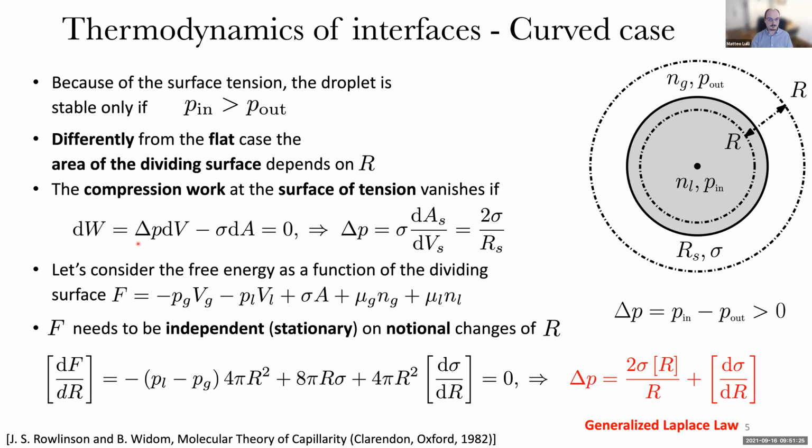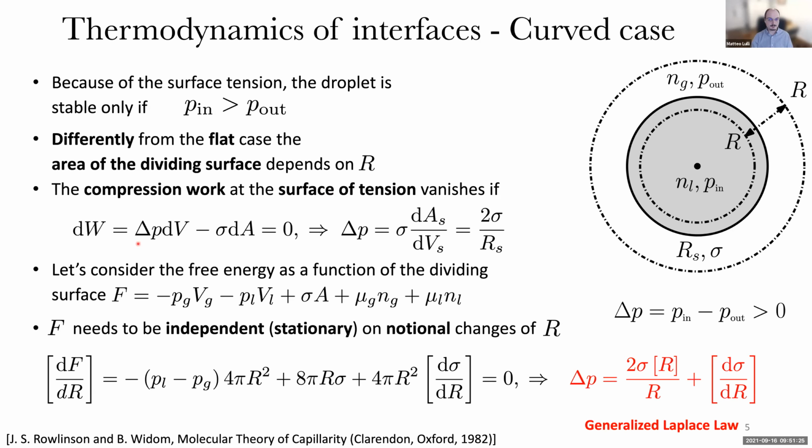So let's look a little further in detail at the role of the arbitrary dividing surface. Since it's arbitrary and we denote it by R, the arbitrary dividing surface can be either fully inside the droplet or fully outside. But we know that there must be no consequence on the physics of the system, so F needs to be independent, or stationary, in a sense, under notional changes.